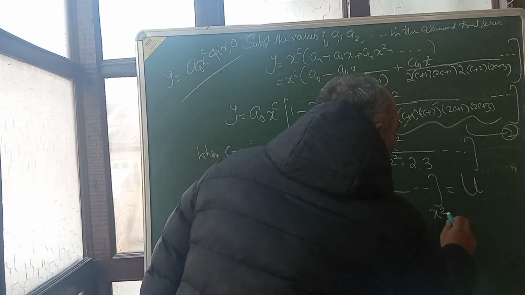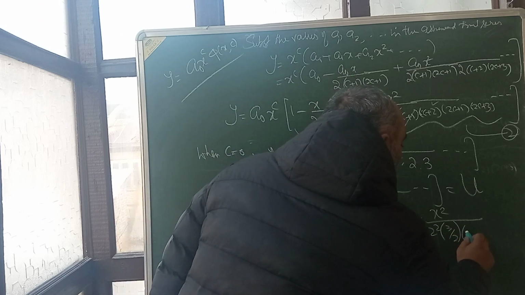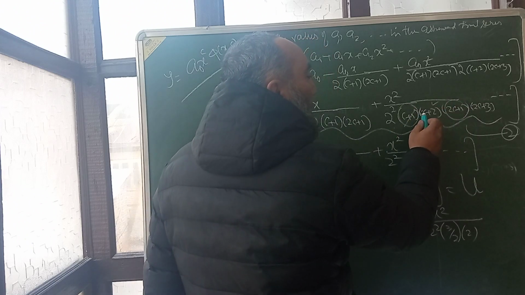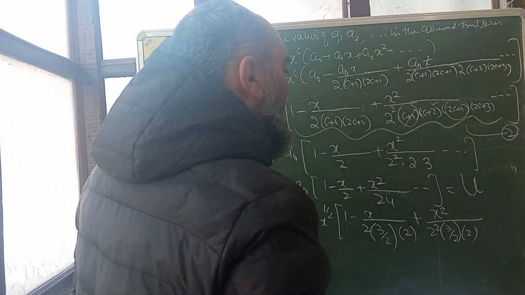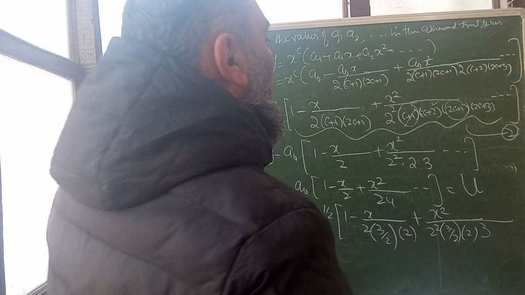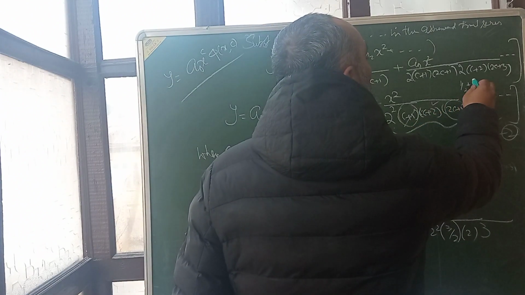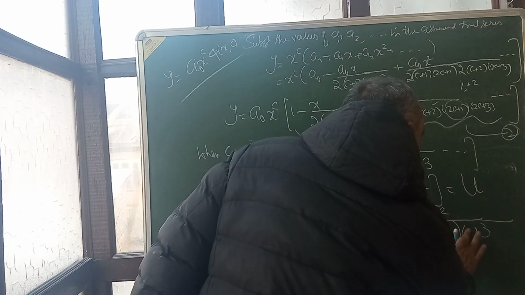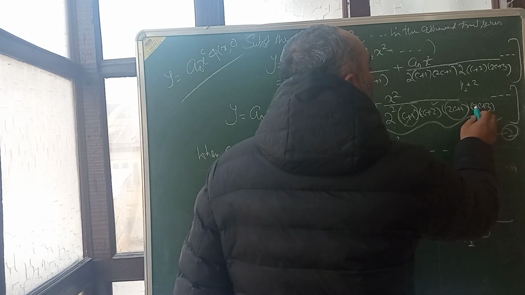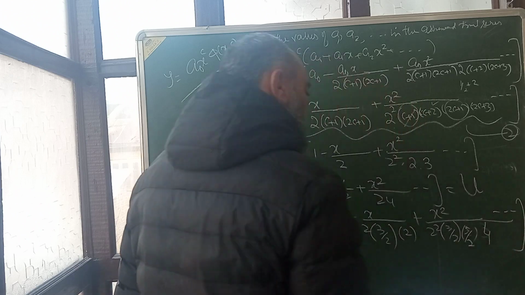Then x square, 2 square, 3 by 2 and 2 you will get, because c plus 1 is 3 by 2, 2c plus 1 is 2, then c plus 2, it is 1 half plus 2, that is 5 by 2, then 2c plus 3 is 4, minus so on.